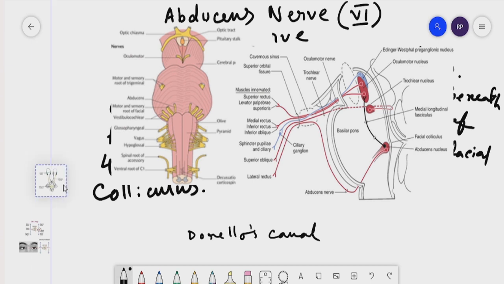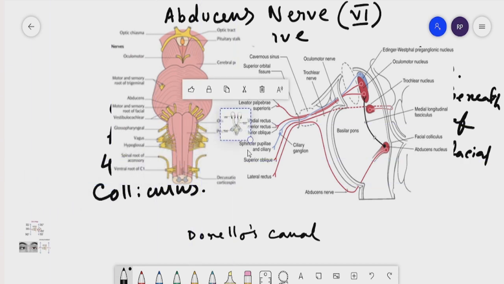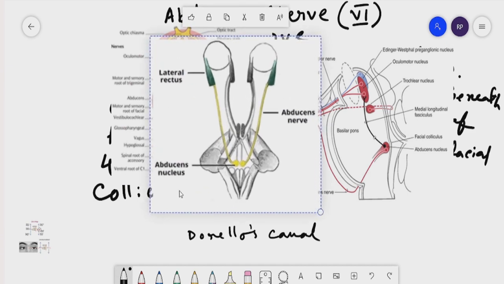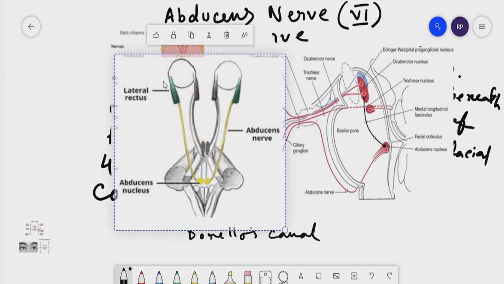So the muscle I will show. These are the lateral rectus muscles, and this is the abducens nucleus in each side, and from this nucleus the nerve fibers come out of the brainstem, and then go to the lateral rectus muscle and supply it.